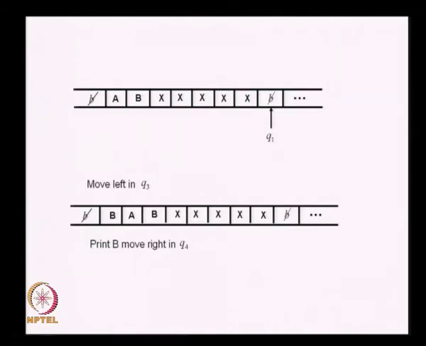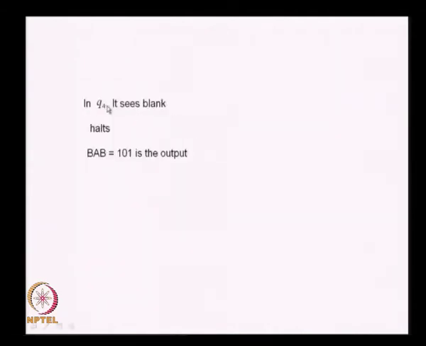So, it halts at this position. In Q4 when it sees a blank it halts, at that time the output is BAB, of course followed by some X's, but the output you are expected to have is in terms of B and A, B standing for 1, A standing for 0, and it gives the binary number 5. So, this is the way the unary to binary converter works.